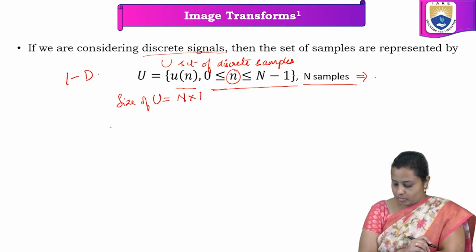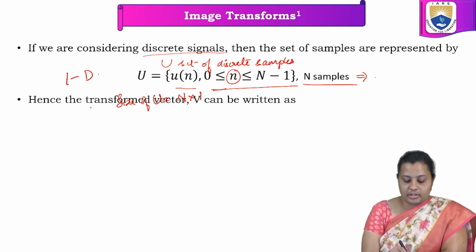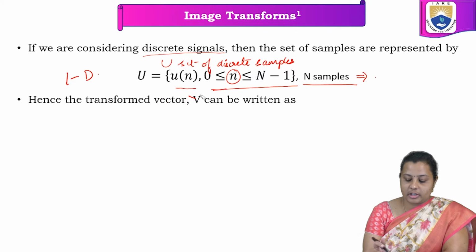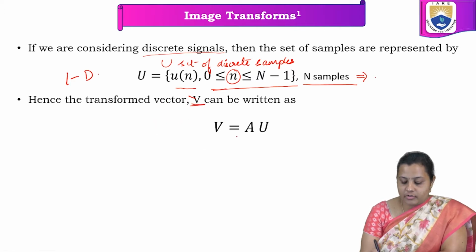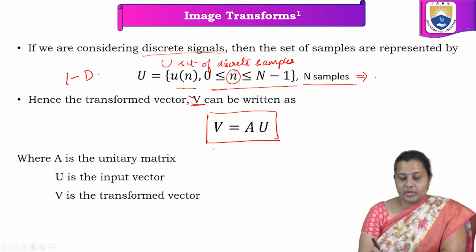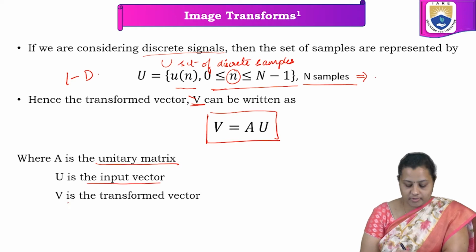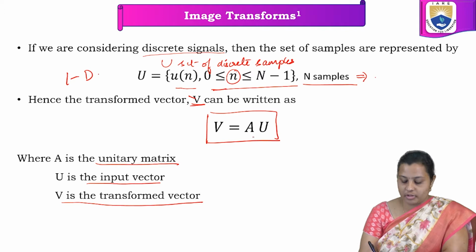If we consider the transform vector v, we can write v is equal to A into u, where A is the unitary matrix, u is the input vector, and v is the transformed vector, very similar to what we discussed previously.